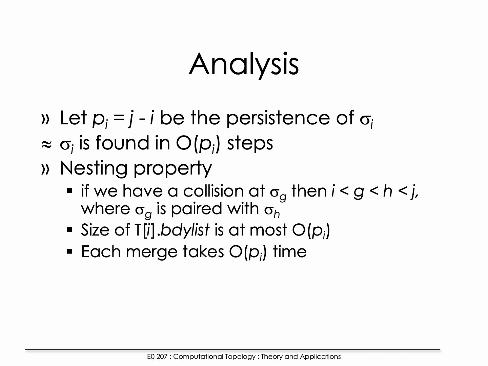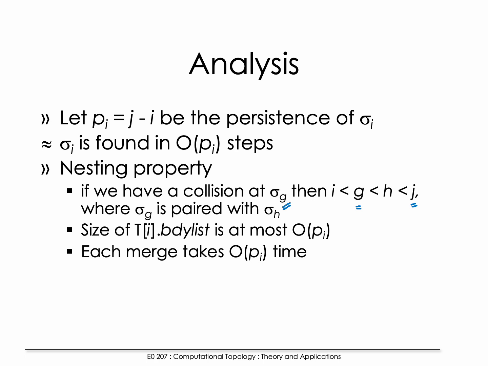In order to find this, we look at this nesting property. So let's say that in the process of finding the creator, we have a collision. Let's say that the collision was at sigma sub g, right? So we are starting with j, in order to find i, and let's say we found a collision at g. So sigma sub g is a positive simplex, which has to be paired with sigma sub h.